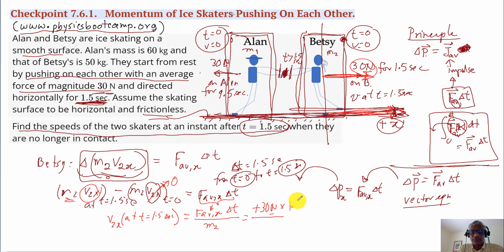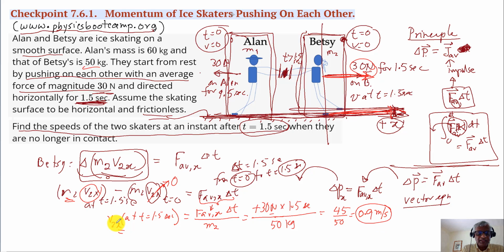Time is 1.5 seconds, and her mass is 50 kilograms. So you can see this is 45 over 50, so 0.9 meter per second.